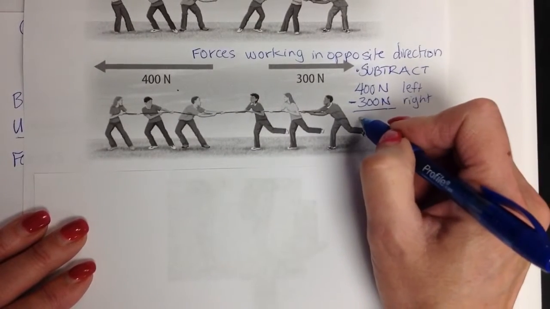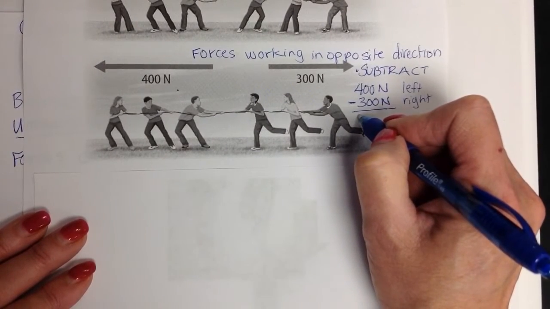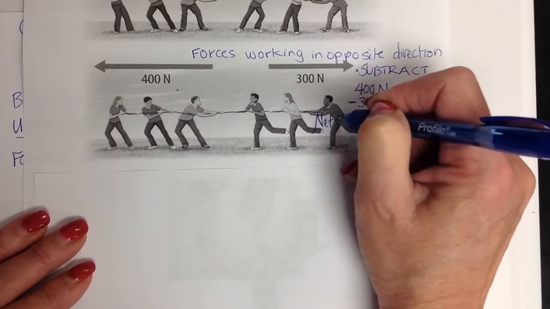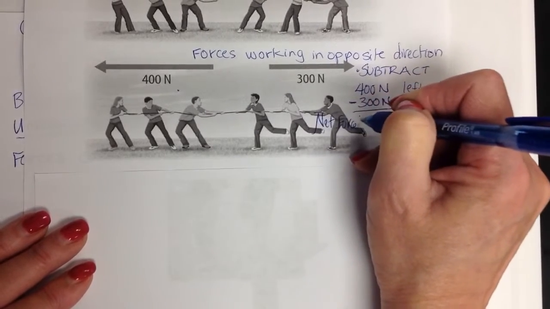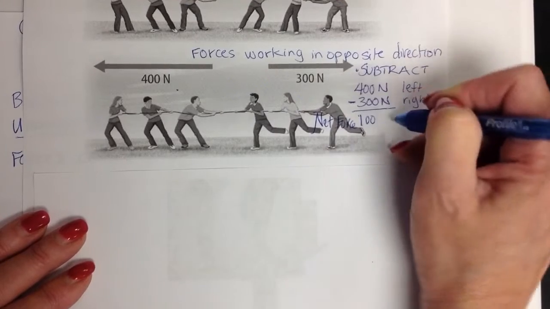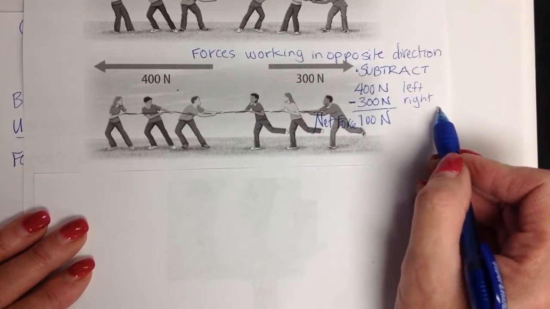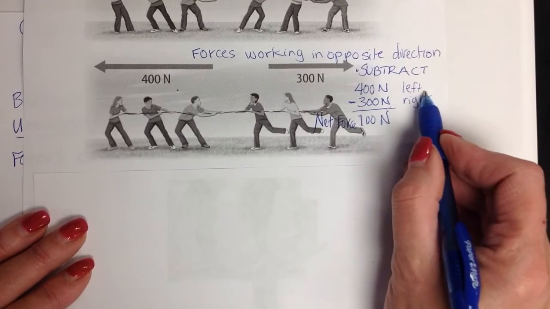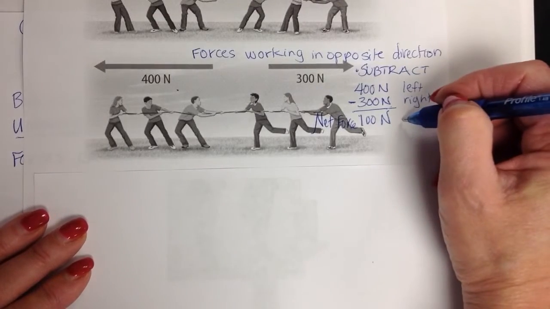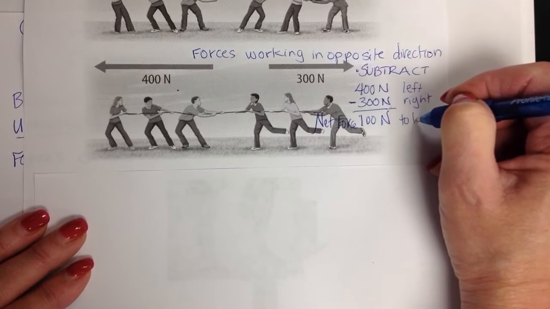So I come up with net force. My net force is going to be 100 newtons. And in what direction? Is it moving right? No, that was a smaller force. Always in the direction of the larger force. 100 newtons to the left.